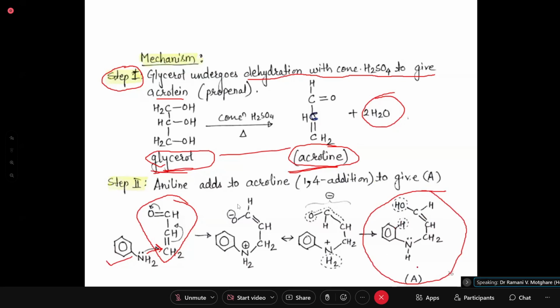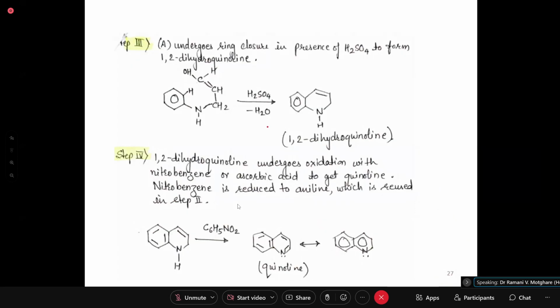Okay, so then the third step is, this 1,4 adduct compound or the intermediate A undergoes ring closure in presence of H2SO4 to form 1,2-dihydroquinoline. So you get formation of 1,2-dihydroquinoline by the ring closure in this region.